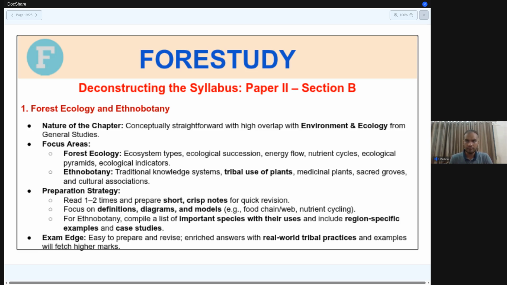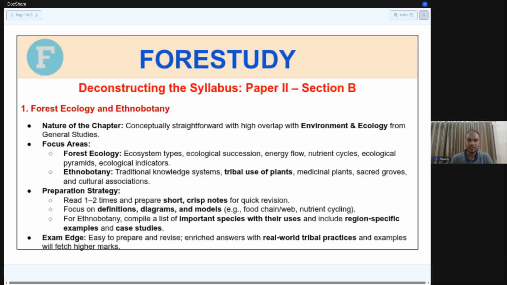There is nothing new. However, I suggest that you go through the questions asked in previous years' PYQs, and if you find any new concept, prepare that concept well. All these concepts, like ecosystem, ecological succession, energy flow, have already been discussed before.